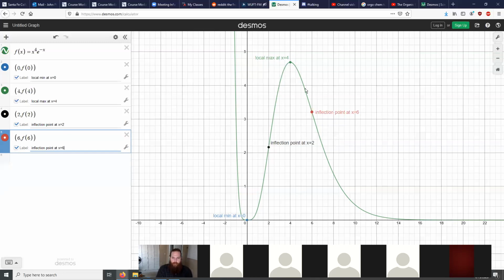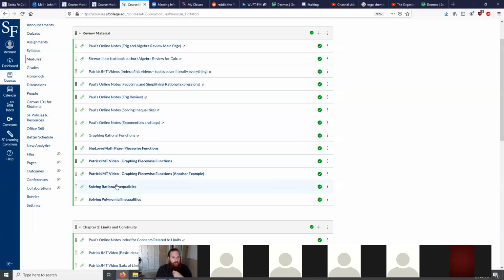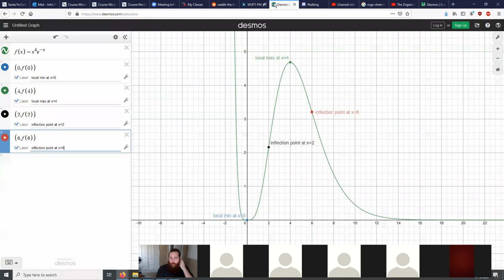So this stuff isn't terribly hard as long as you're good at the derivative calculations and the inequality solving. So we need to get comfy with solving these sorts of inequalities. It's not bad, it really isn't. The number line thing, once you get comfortable with it, goes very quickly.